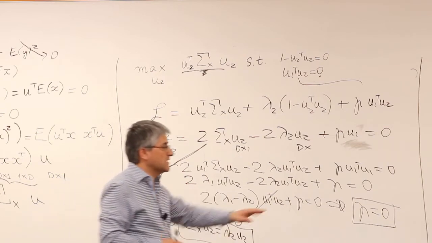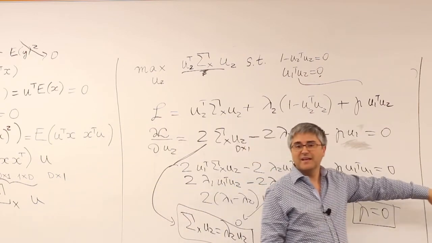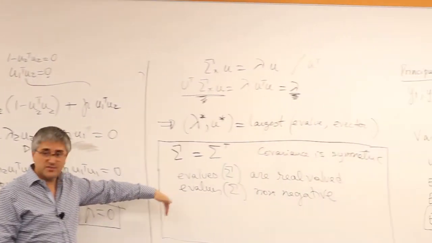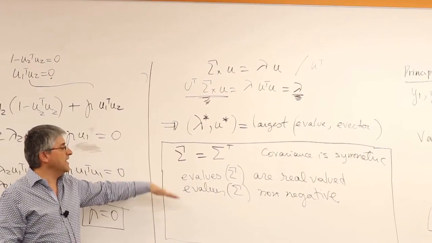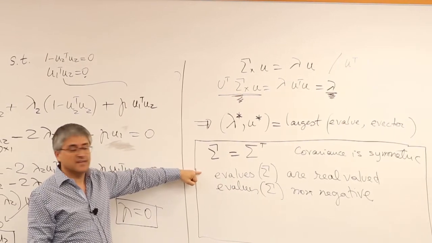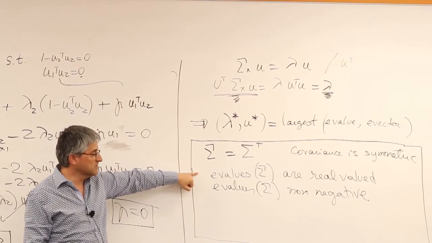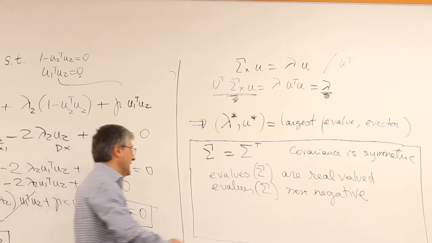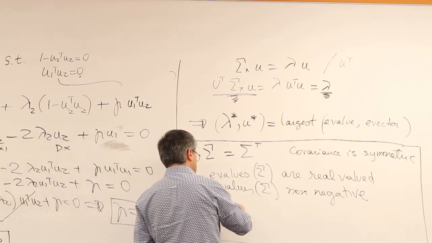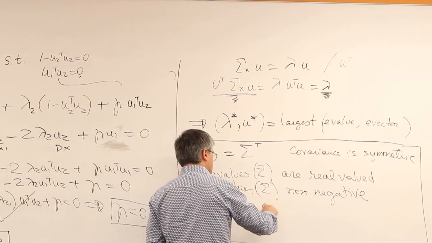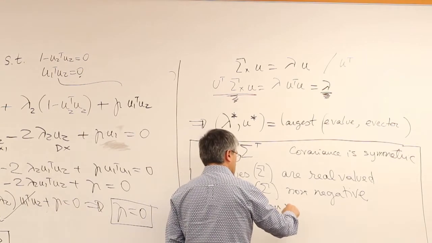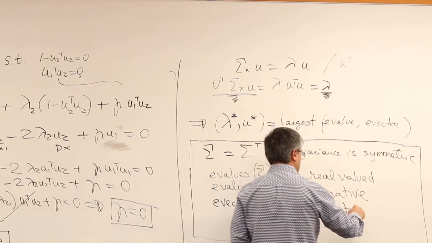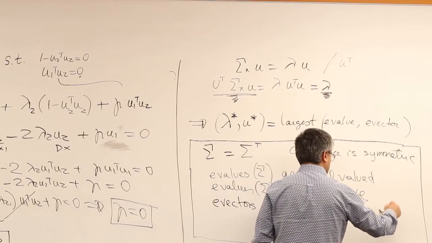So that's why I left my box here. But the matrix is symmetric. And symmetric matrices are very nice matrices. They have real eigenvalues. The eigenvalues are non-negative. And the eigenvectors can be chosen to be orthogonal.